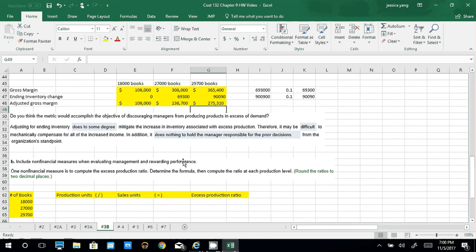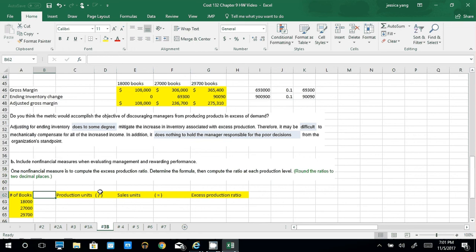With this problem, I have set up the following. So the production numbers of books, which is 18,000, 27,000, 29,700 books.